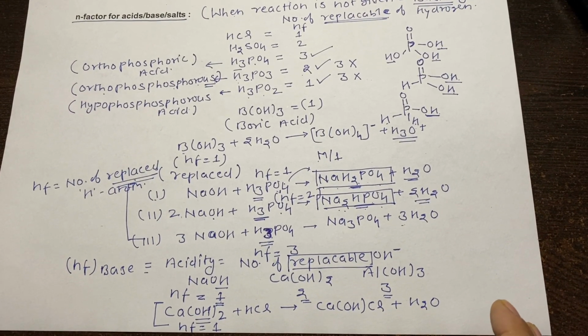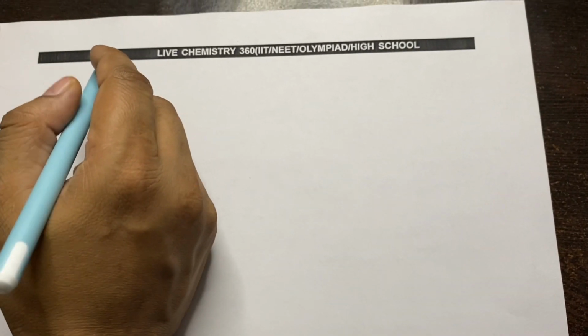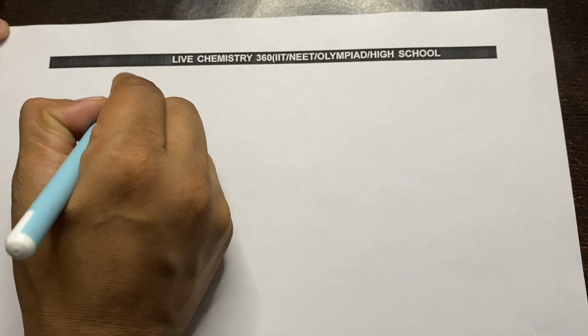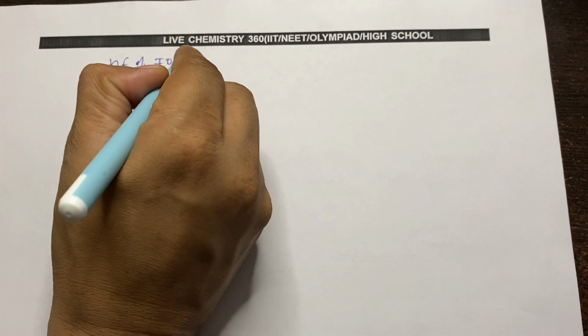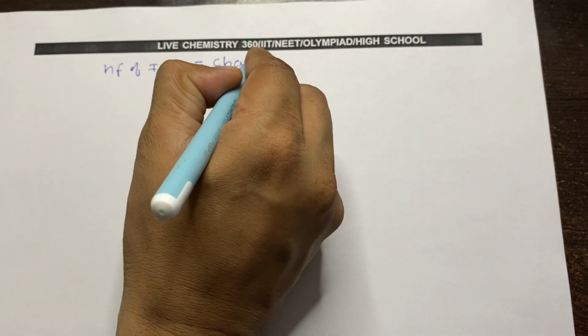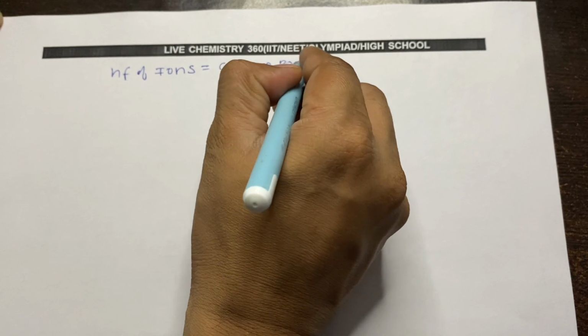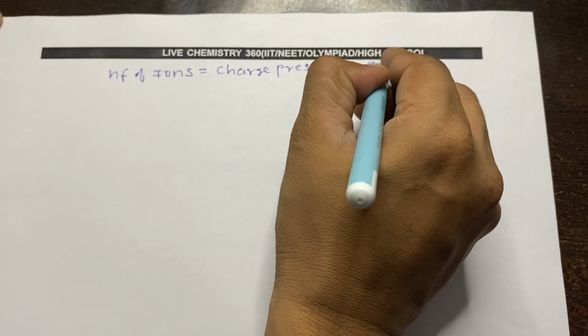Now how can we calculate the n factor of salt? First we will calculate the n factor of ions. So n factor of ions will be equal to the charge present on the ion.